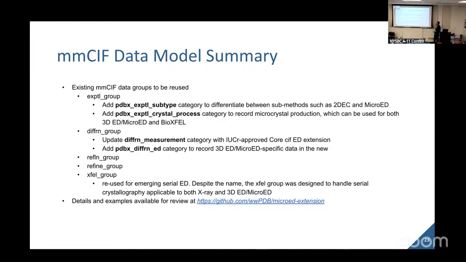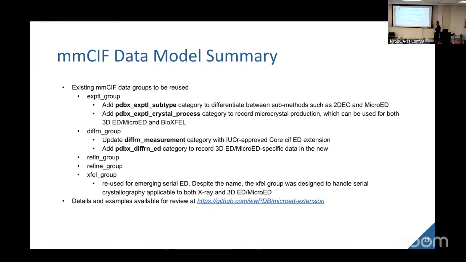And the good thing about this is this collection can also be used for BioXFEL. For diffraction data collection metadata, we're going to update the diffraction measurement category to include the IUCr-approved ED extension, and add a dedicated metadata category to report 3D MicroED specifically.